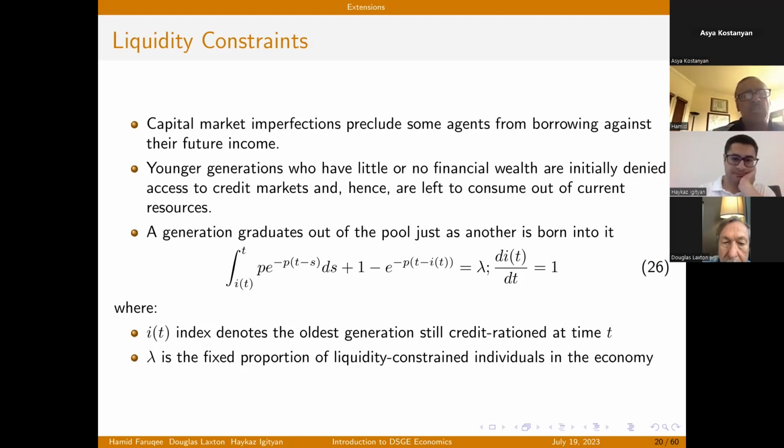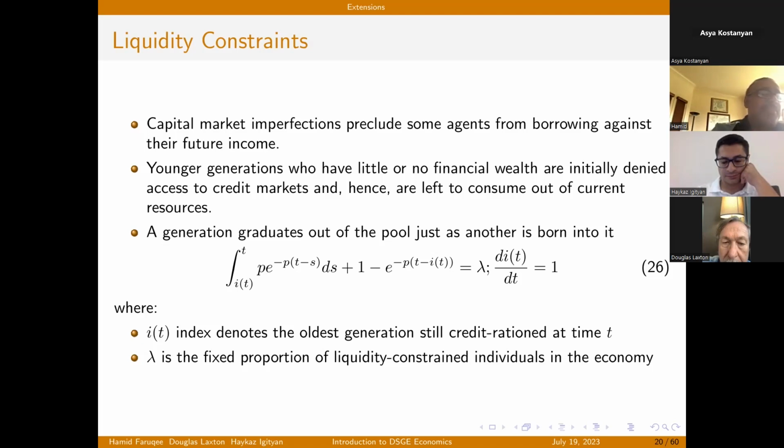And the way that we're going to do that is we make the assumption that the youngest generations in the model, up to some oldest generation that can't borrow, indexed by the letter I here, small i, that share of the population are liquidity constrained, and we'll keep that fraction of the population, lambda, constant.